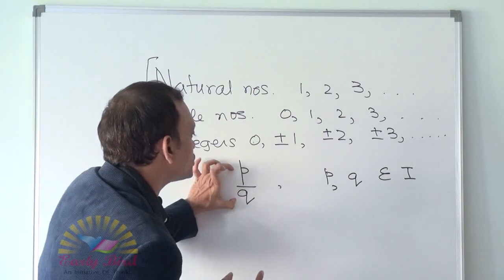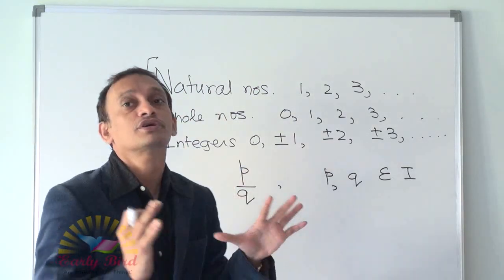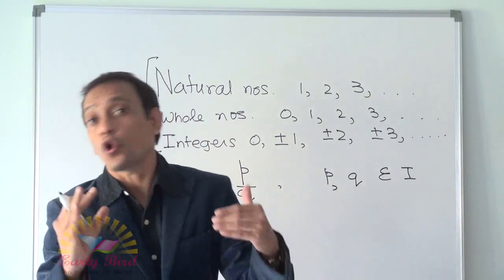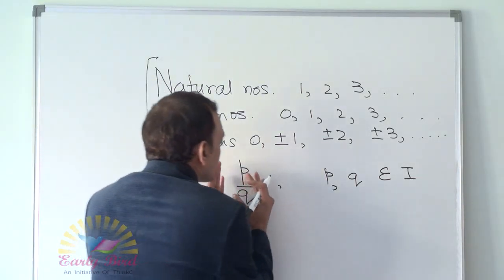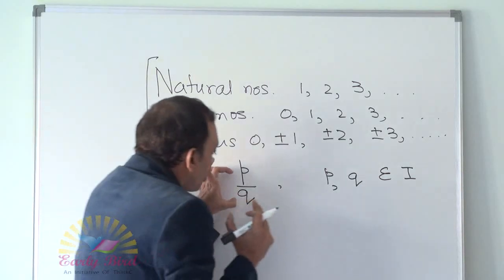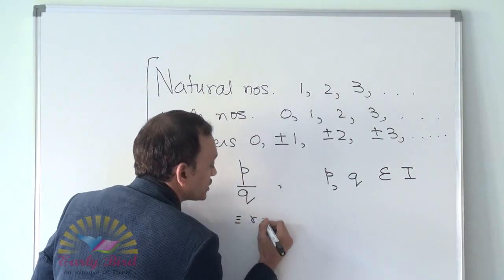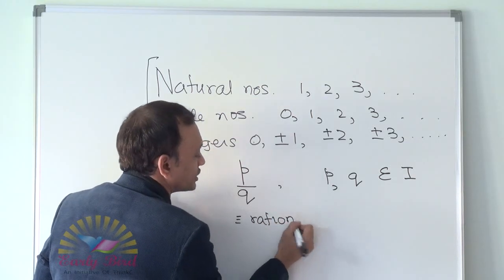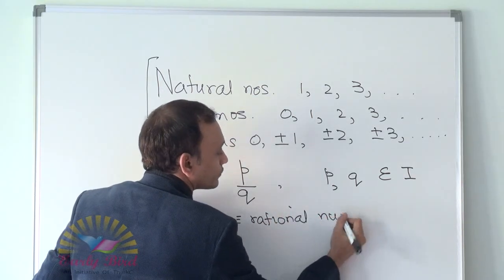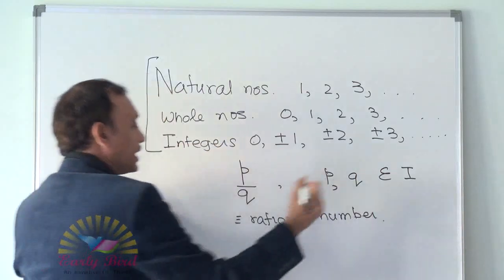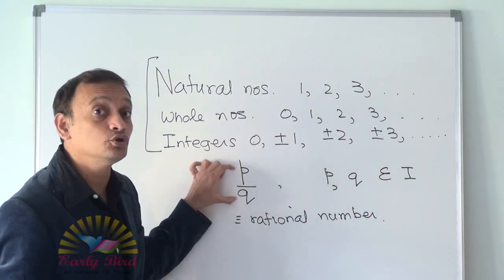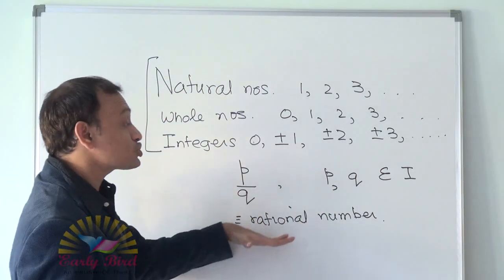The ratio of two integers, p and q, which could itself have been an integer or a fraction. A formation of this sort is referred to as a rational number. This is called a rational number. A number of the form p by q, where p and q are integers, is called a rational number.